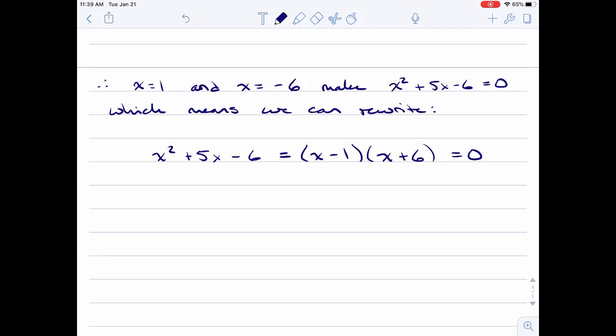So usually you just take the opposite of x equal to 1. Well, then if x is 1, 1 minus 1, this whole thing would go to 0, right? Negative 6, same deal. Negative 6 plus 6, 0. 0 times whatever is 0.